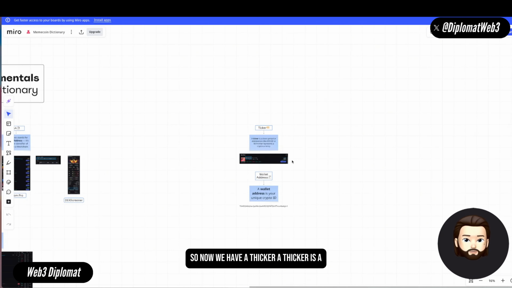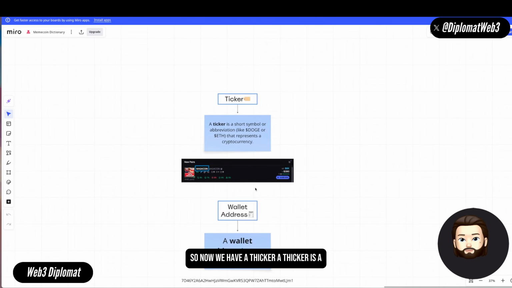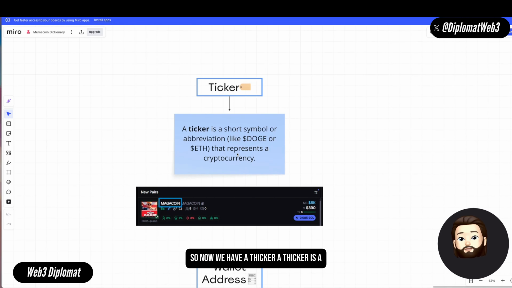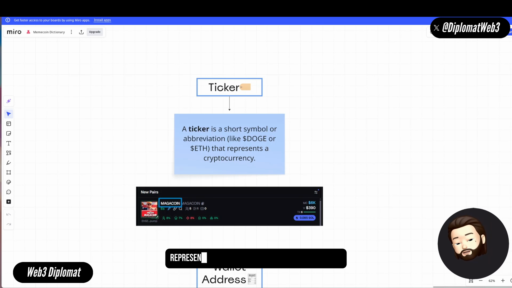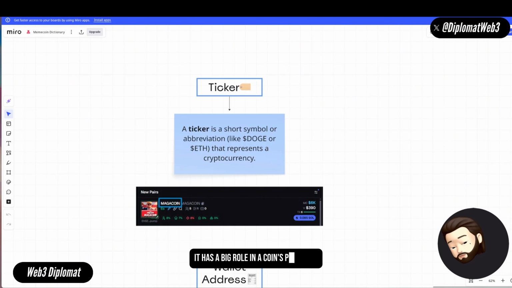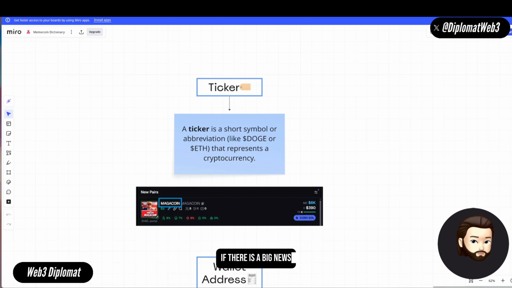So now we have a ticker. A ticker is the name of a coin, usually representing the topic for which the coin was made. It has a big role in a coin's potential. If there is big news, the coin is made on the news.